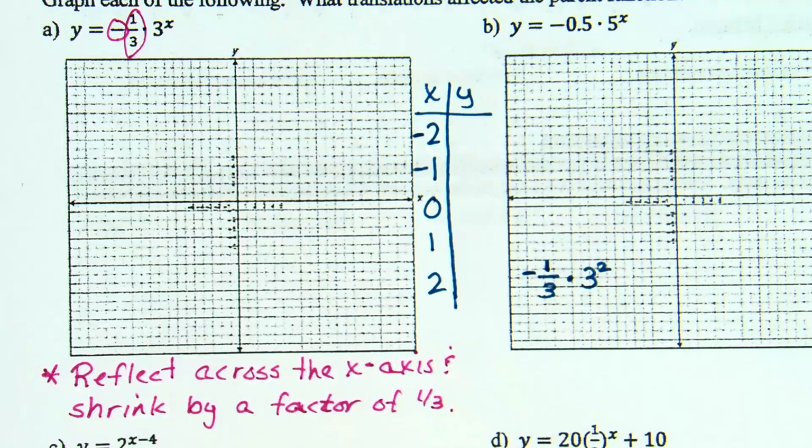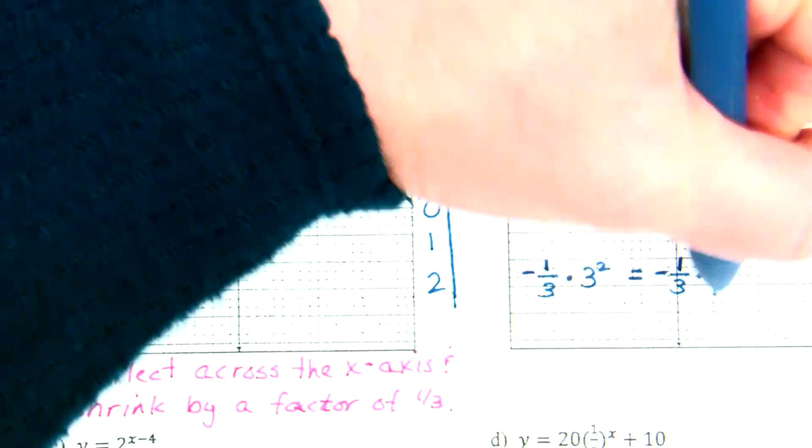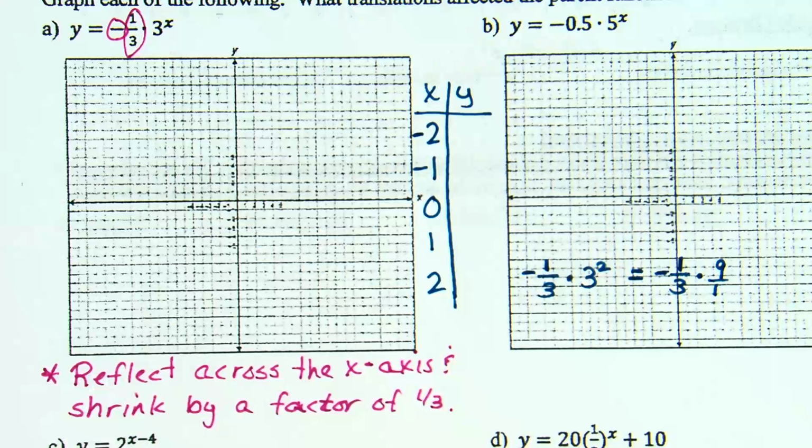So then, what is -1/3 times 9? What is 1/3 of 9? 1/3 of 9 is 3. A negative times a positive makes it a -3.